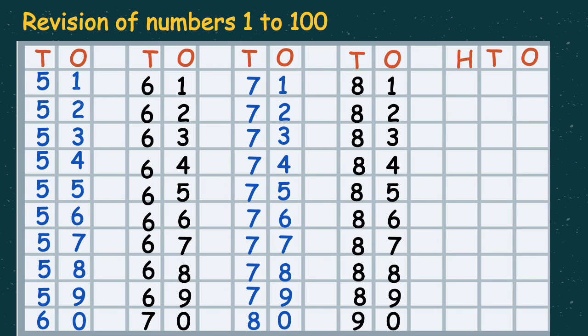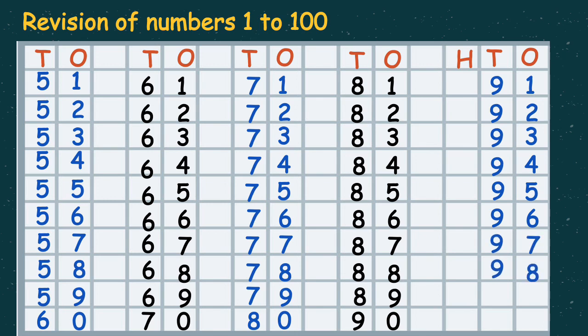Children, now we will do it very slowly. Okay? 91, 92, 93, 94, 95, 96, 97, 98, 99.